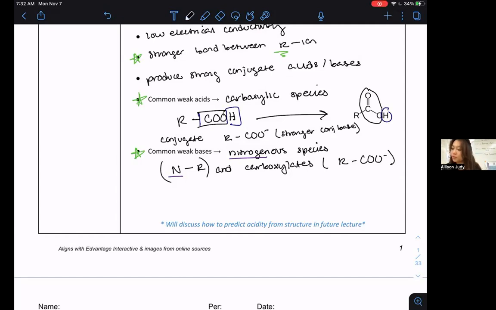I think that will help clarify. And then, when it starts off as a base, we would actually consider it more along the weak end. And so, yeah, this is a carboxylate, R dash structural group of RCOO minus. And what would that look like as a Lewis structure? It would look something like this.